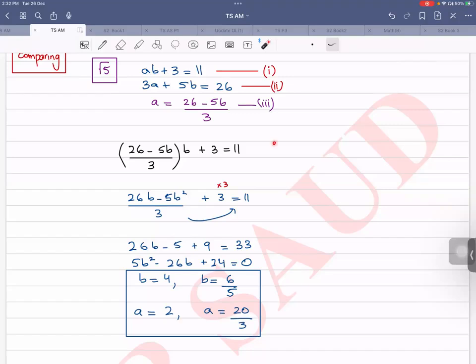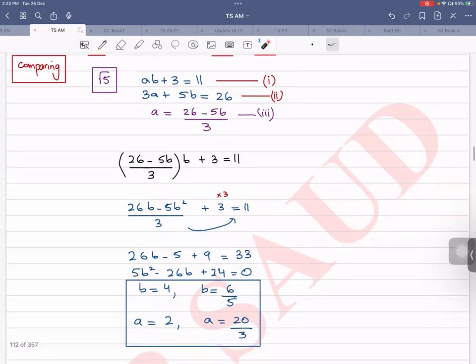Okay, recheck. Okay, never mind. I did get 20/3. I forgot to put the 5. Yeah, yeah. Okay.